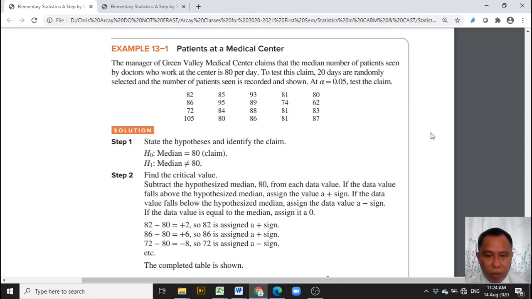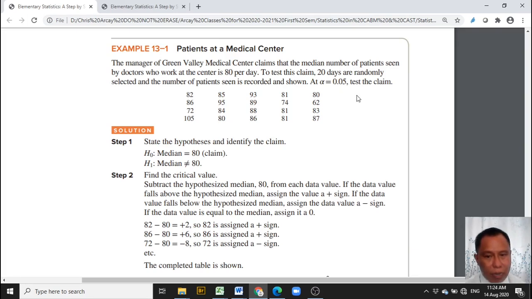We are now given 20 values written in a 4 by 5 array. What we are going to do is to encode these values in our Excel template. But before this, we have to remember that we are given 80 as the median and the significance level of 0.05.